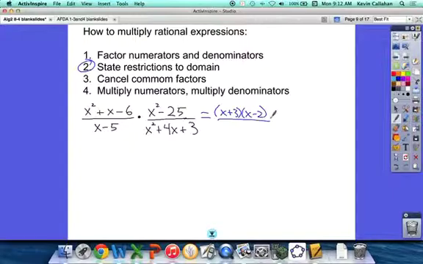X minus 5 can't be factored. That's simple. Okay, x squared minus 25. Difference of squares, how does it factor? X minus 5, x plus 5.